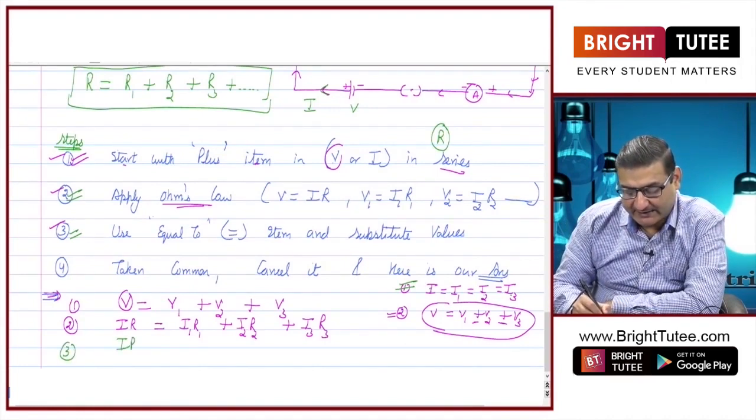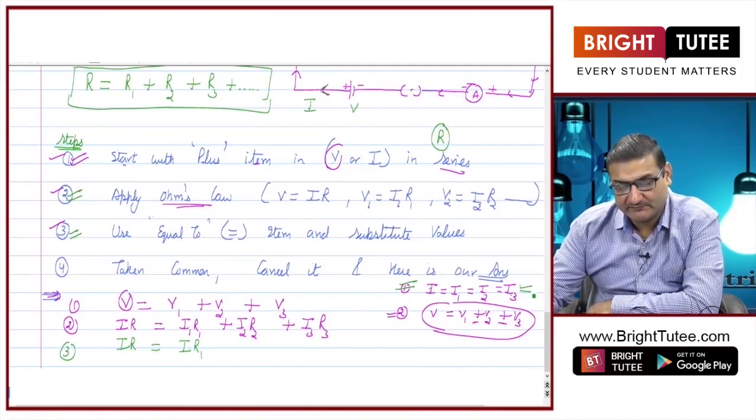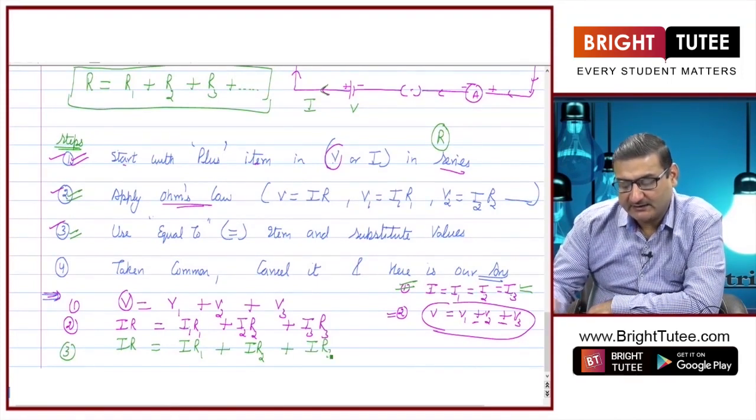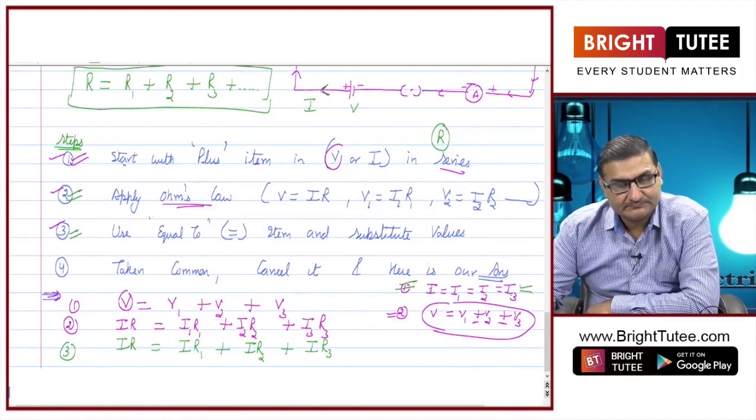IR, I will keep it as it is. This I1 R1 can be written as IR1 because I1 and I are same, plus I2 R2 can be written as IR2 plus I3 R3 can be written as IR3. Simple. This is my third step.